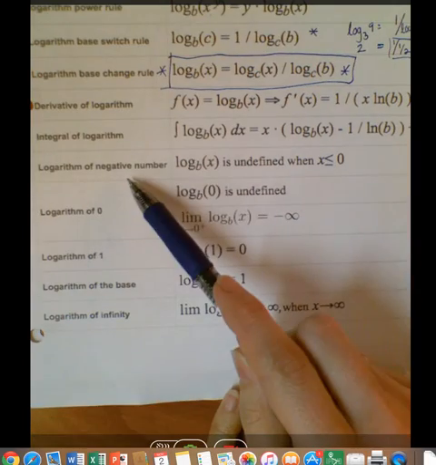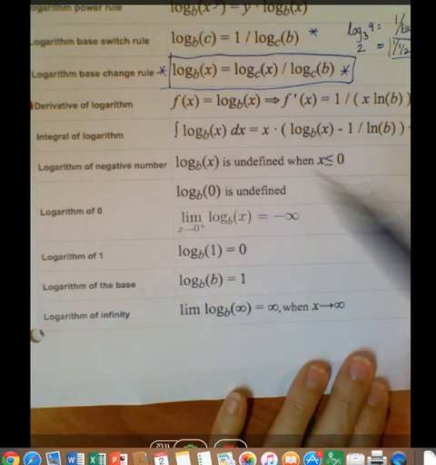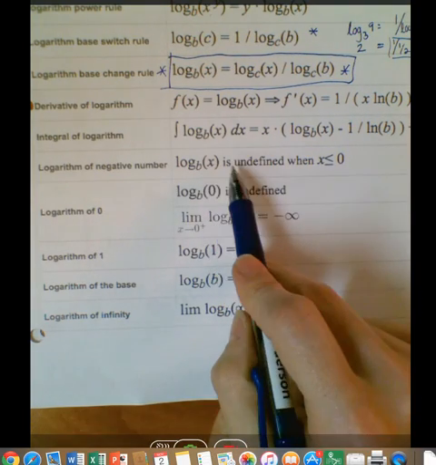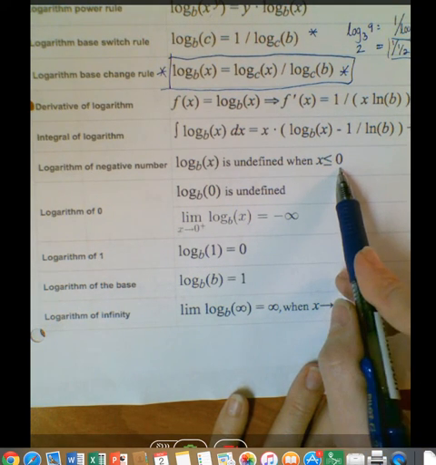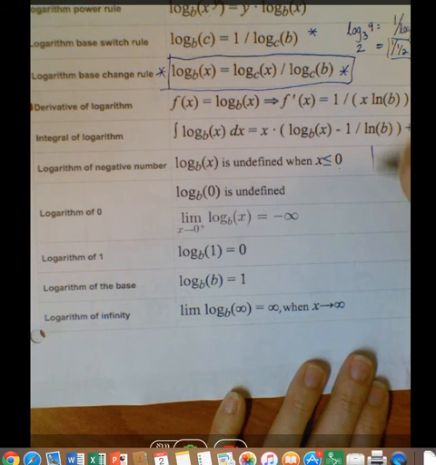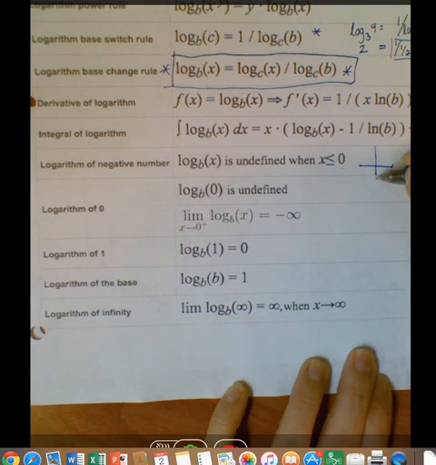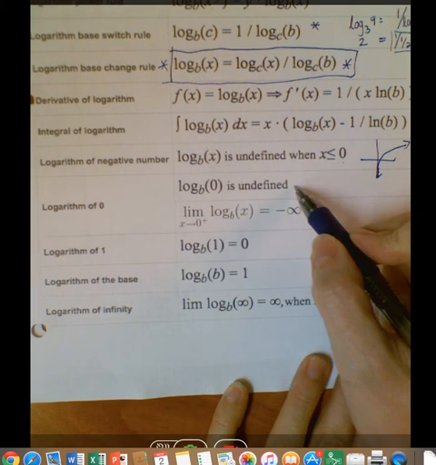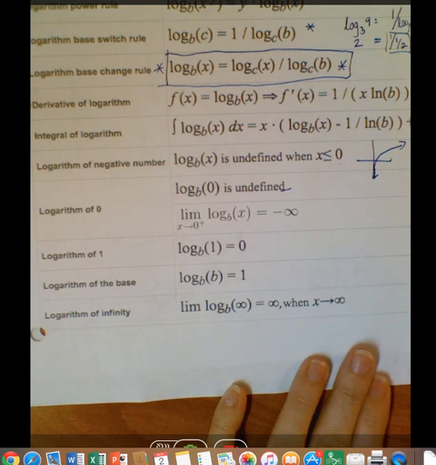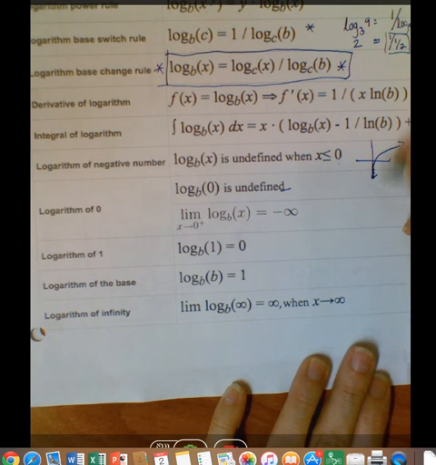The logarithm of a negative number. So log base b of x is undefined if x is less than 0. Think about the graph. Okay, x cannot be a negative number. It can also not be 0 because we have an asymptote at 0.